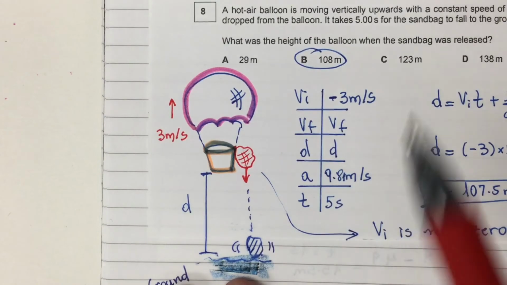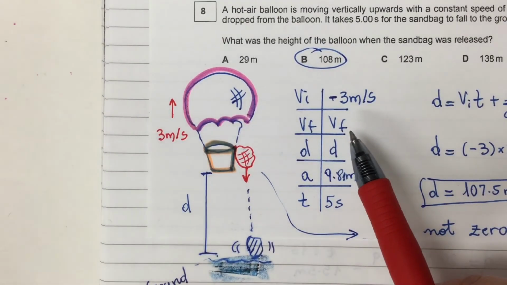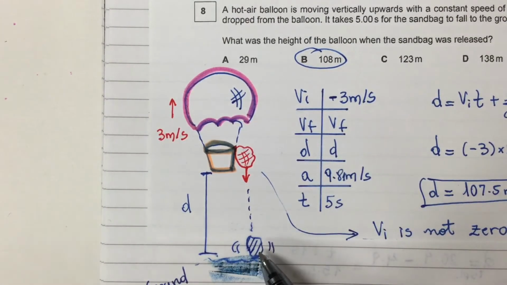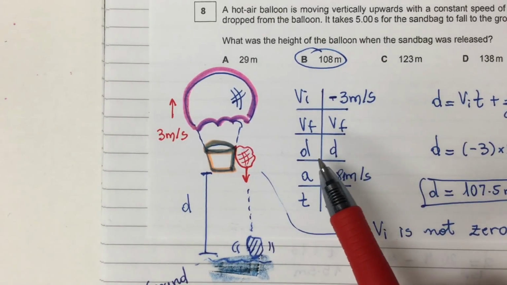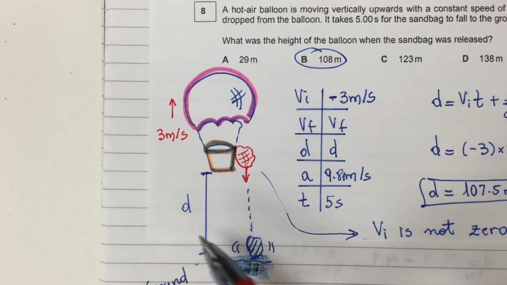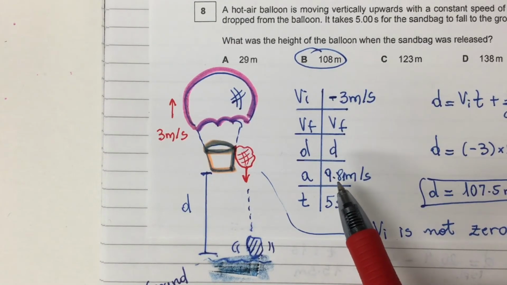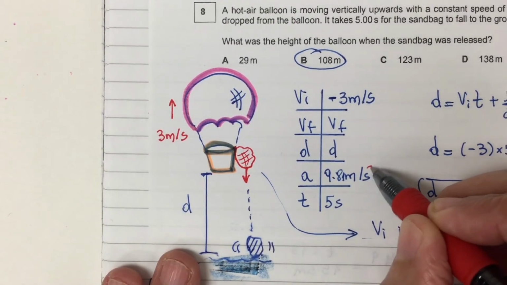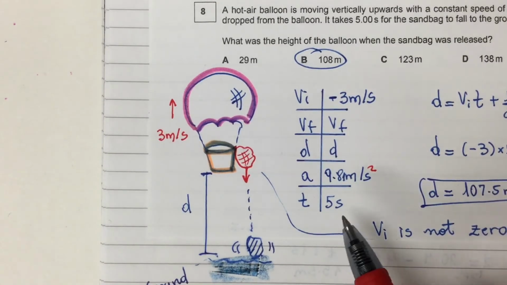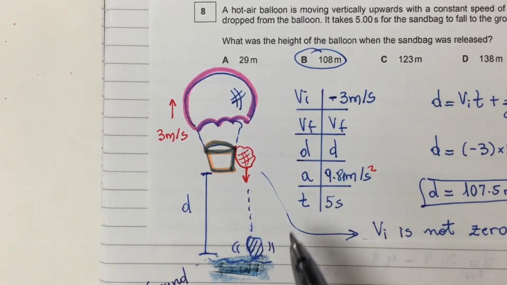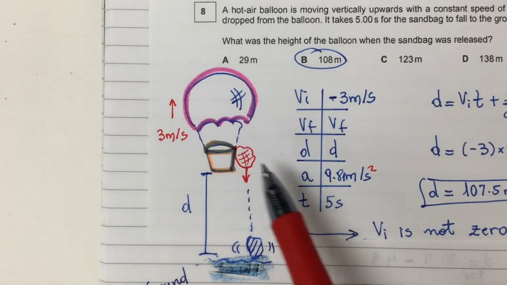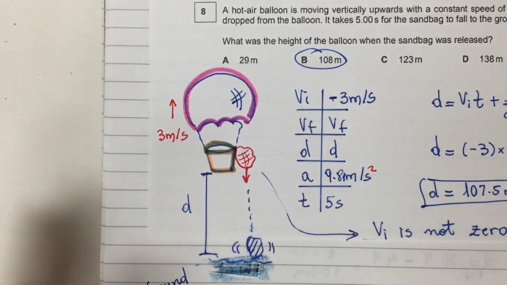The final velocity, I don't know, is the velocity when it hits the ground. The distance is what I'm looking for. The acceleration is 9.8 meters per second squared, and the time is 5 seconds, because the story says that's the time it takes for the sandbag to hit the ground.